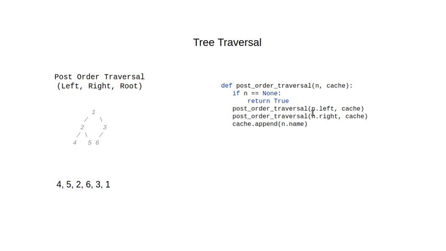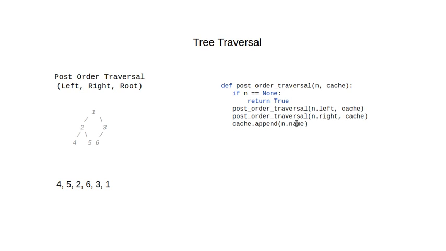Then we pass the left node as a root, and we have a cache to store the values so that we can print out and see the output, which should be 452631. At first we call the recursive function with the left tree and then with the right tree, and as long as we hit the null, we just append the name of that node.